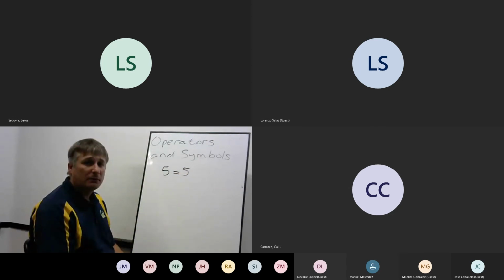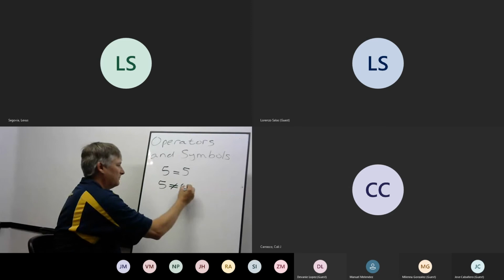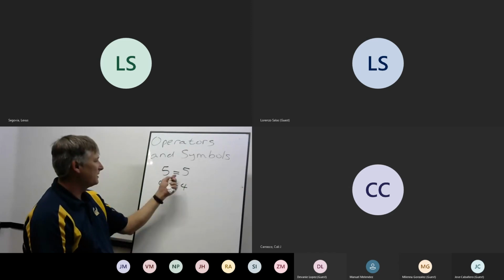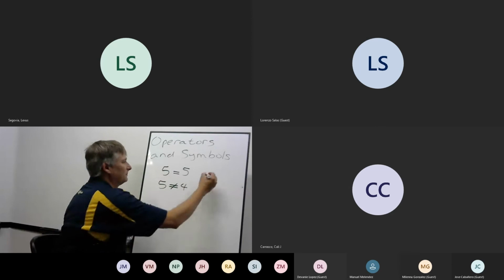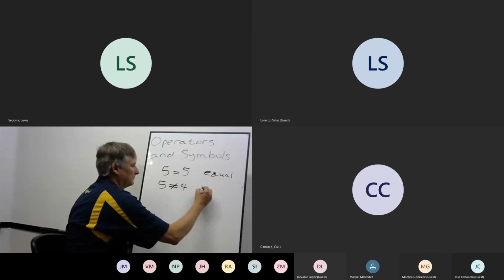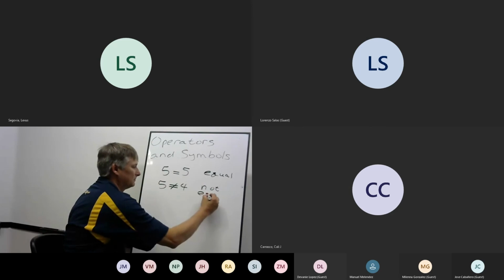Five equals 5. Or we could say 5 is not equal to 4. So when 2 are the same thing, they're equal. If they're not the same, they're not equal.